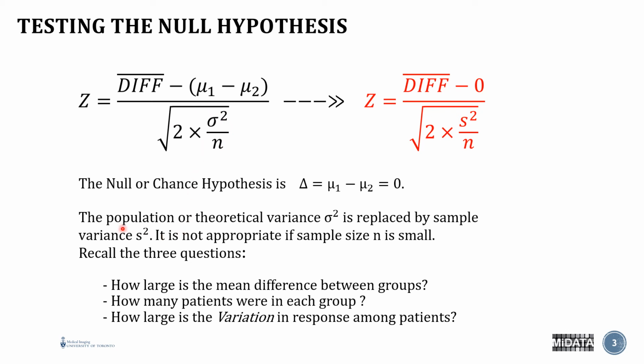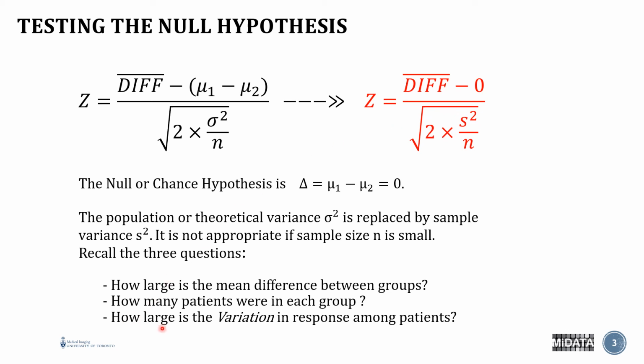Now, because we don't know the population or theoretical variance of the difference, we need to replace it by the sample variance. And this is why when you ask how many patients were in the group, it's going to have an effect, because the larger your sample, the more this term will be minimized, which is a good thing. It's reducing your noise.